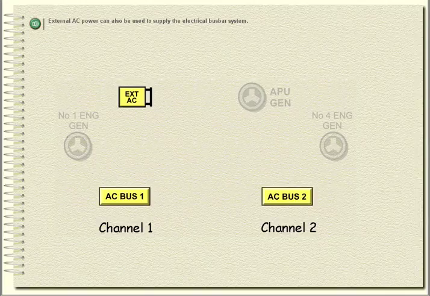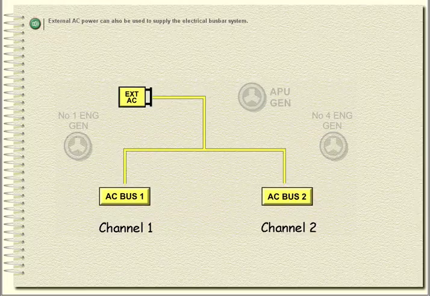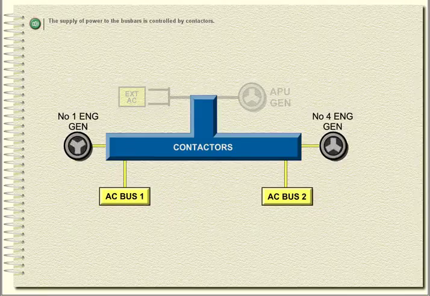External AC power can also be used to supply the electrical busbar system. The supply of power to the bus bars is controlled by contactors.